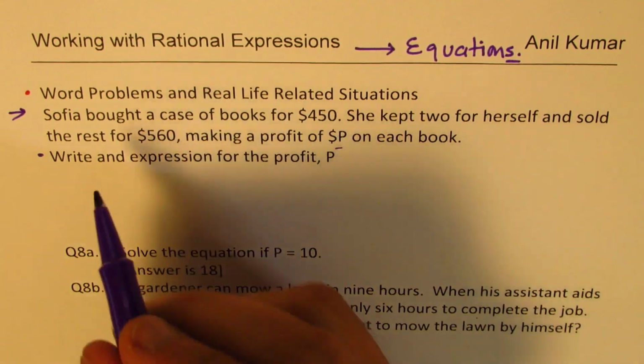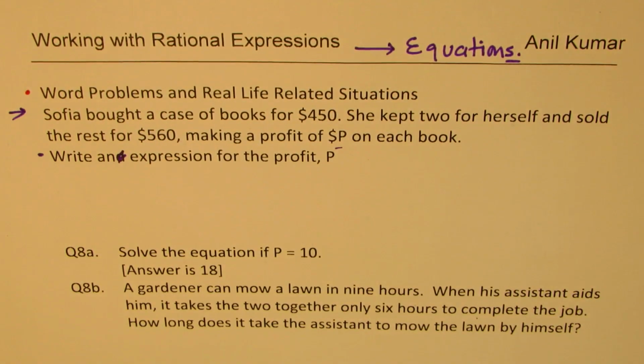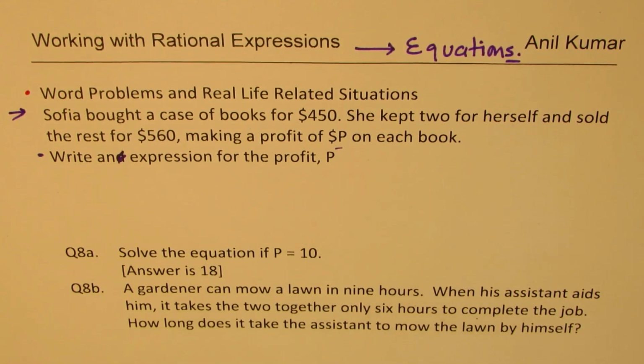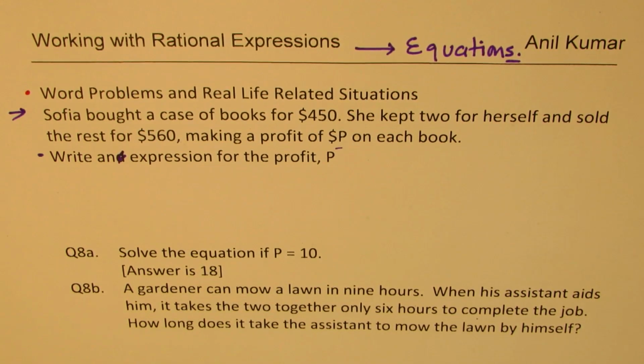Write an expression for the profit, right? So you just need to write an expression for profit. And in the next video, we'll look into equations and then we'll solve many such questions, right? So you could practice. Once we get an expression, you can always put the value of P equals 10 and get the answer as to how many books were there in the case, okay?